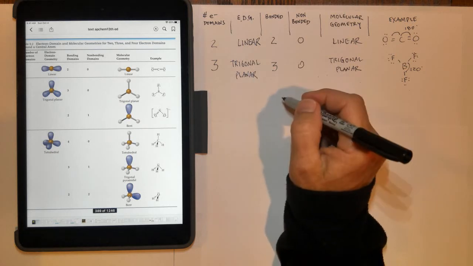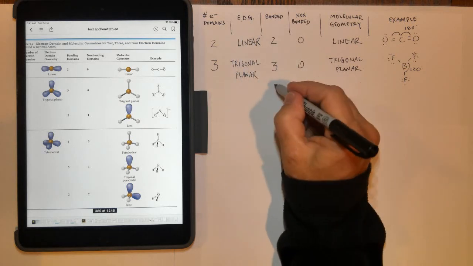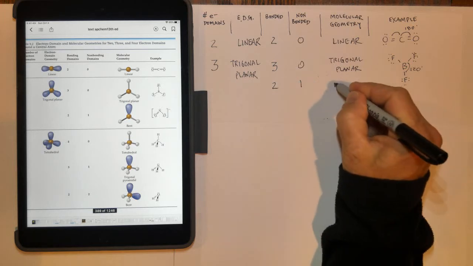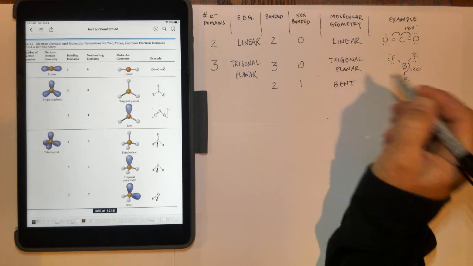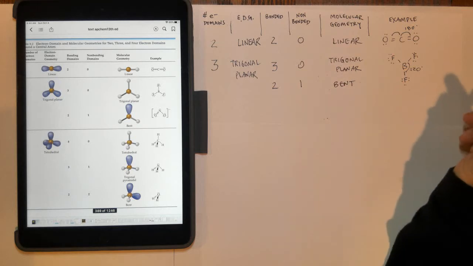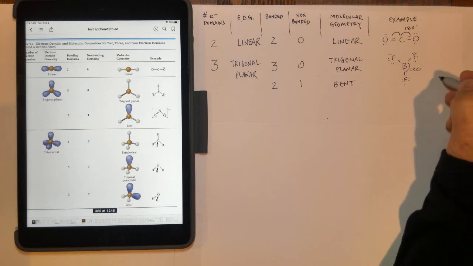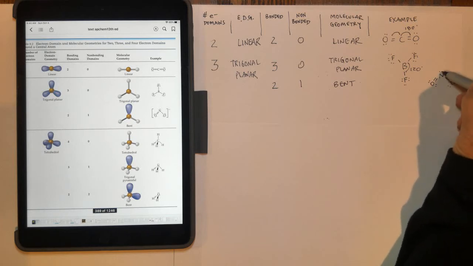Well, inside the trigonal planar electron domain geometry family, if we have two bonded and one non-bonded, now we have a shape that's called bent. An example of this would be the NO2 minus polyatomic ion. So NO2 ends up looking like this, and then an unshared pair right here.